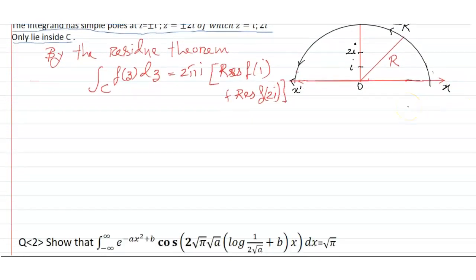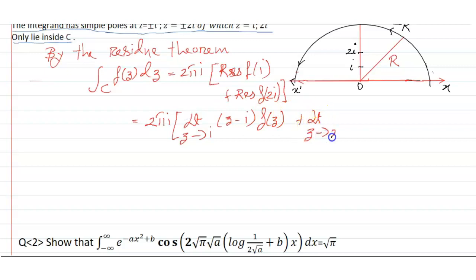Now how can I find the residue at i? The integral equals 2 pi i times the limit as z tends to i of (z minus i) f(z), plus the limit as z tends to 2i of (z minus 2i) f(z), and I get the value.